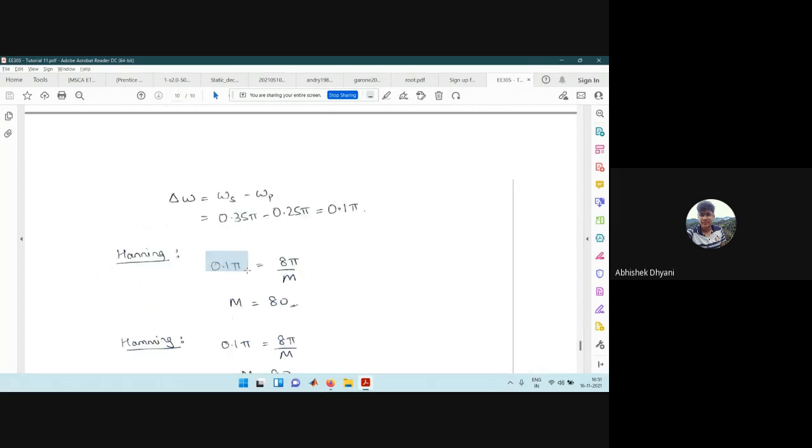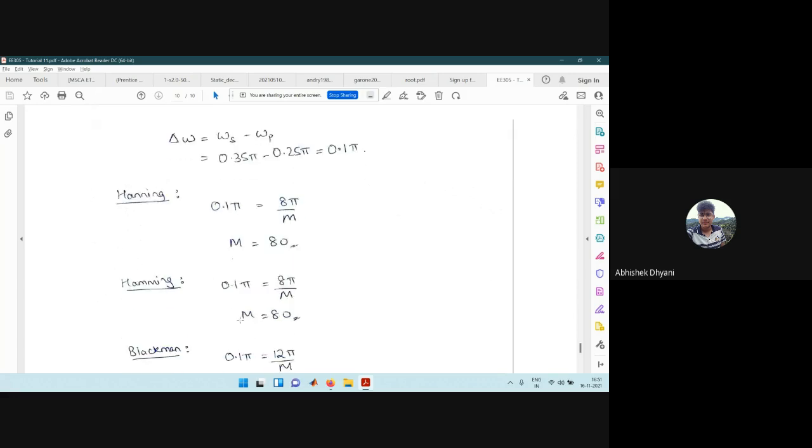Now I just equate this delta omega with the approximate width of the main lobe of these windows. And when I equate these, I can find out this M. So for Hanning and Hamming windows, M is equal to 80.